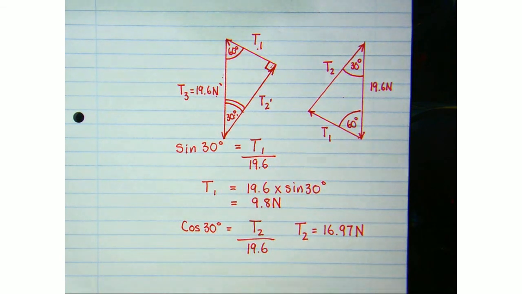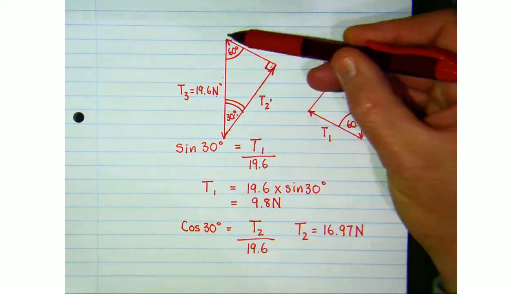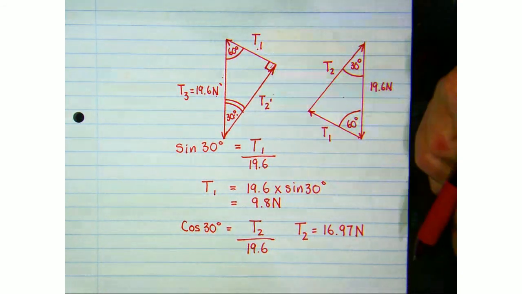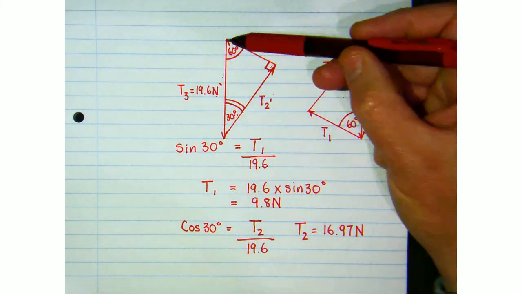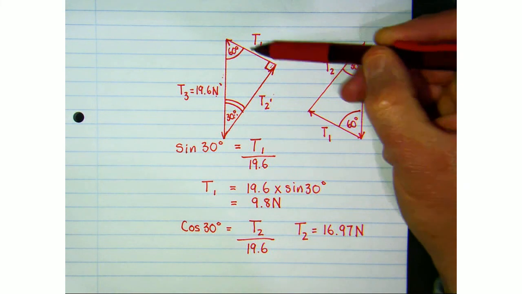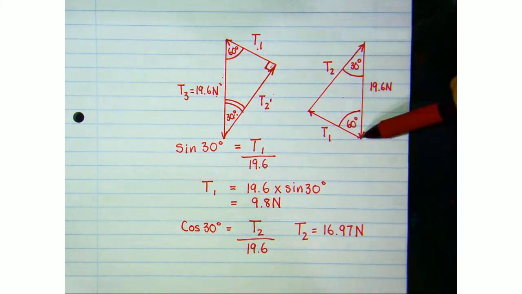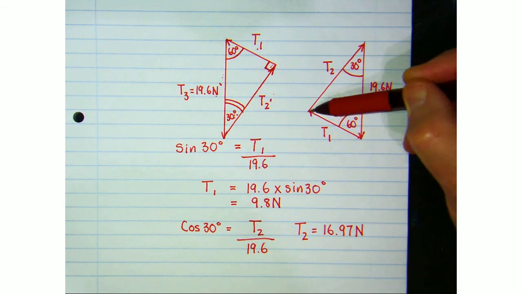So we've used the triangle of forces method to solve for the two unknown forces. We had to draw the forces head to tail in any order. So here we go, head to tail, head to tail, and we close our triangle.